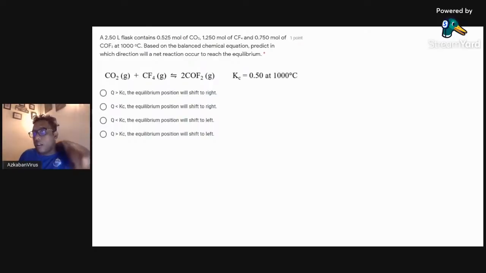Okay, next one. 2 liter flask contain of 0.5 mole, 1.25 mole and 0.75 mole of COF2. Based on the calculation, predict which direction the reaction will shift. Ini dia nak tengok Qc, Kc. Ni macam kita dah buat tadi kan? Soalan macam ni.